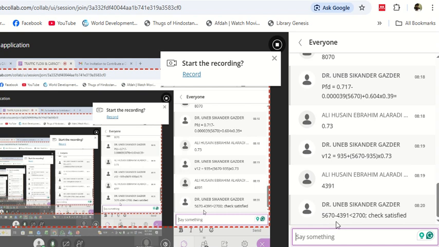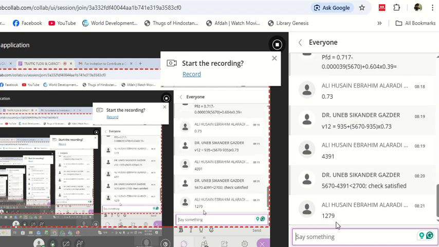Okay, the second check says that this 1279 should be less than or equal to 1.5 times 4391 per lane.